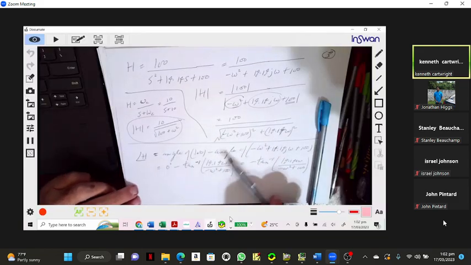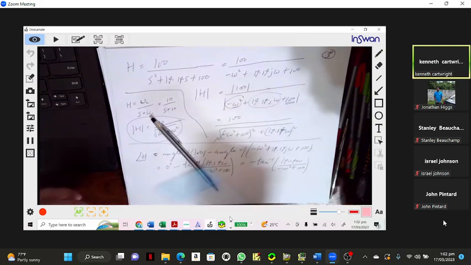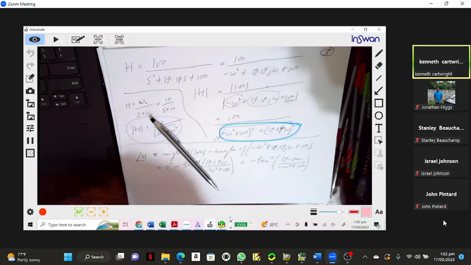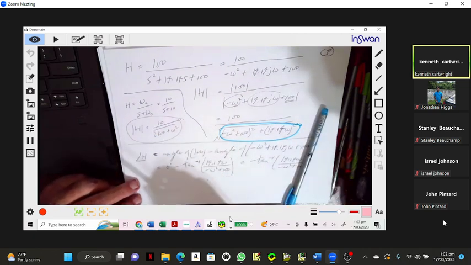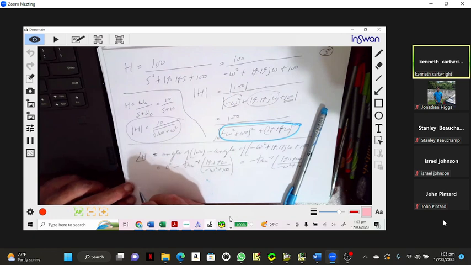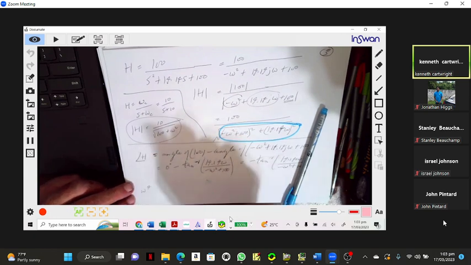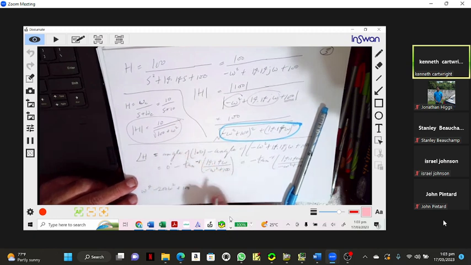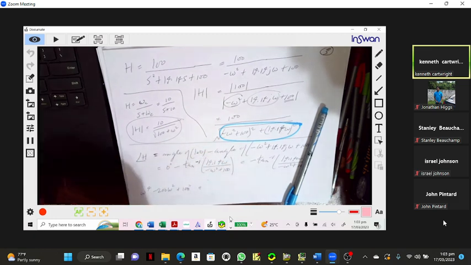All right. Let me work this out because that's gonna be interesting. So what is that? That is omega to the fourth if I square it. Minus 200 omega squared plus 100 squared. What's 14.14 squared?